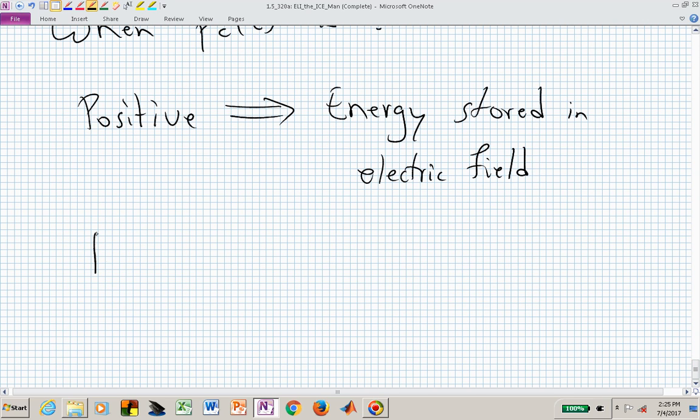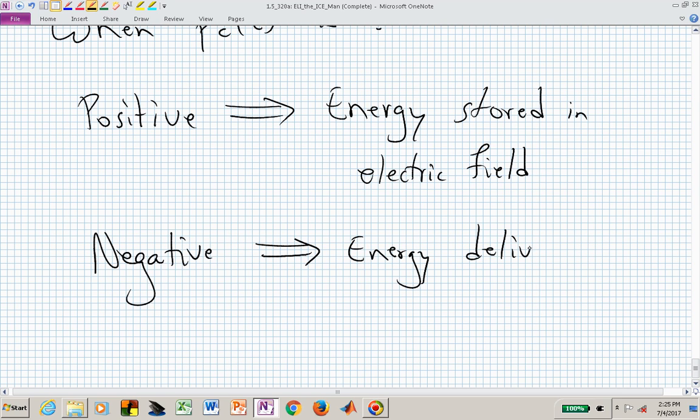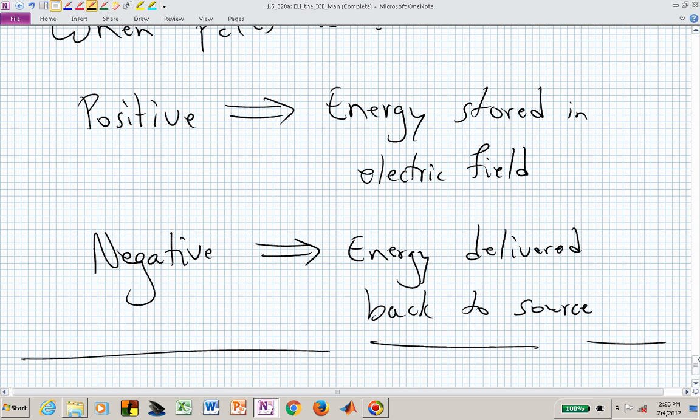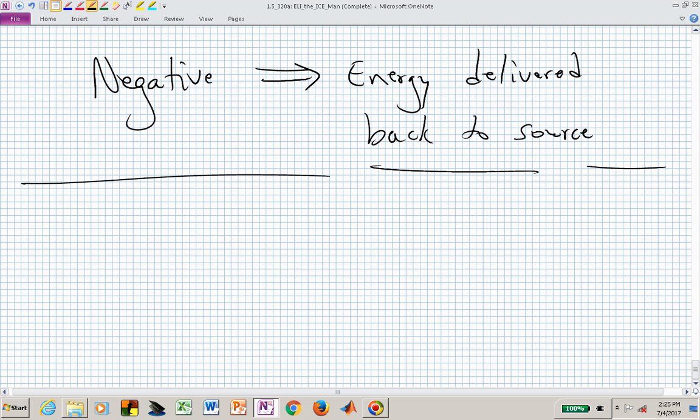And when it's negative, then the energy is delivered back to the source. Again, we have this instantaneous power that's oscillating due to this capacitive load or capacitive circuit, and the power company may want to keep track of that.